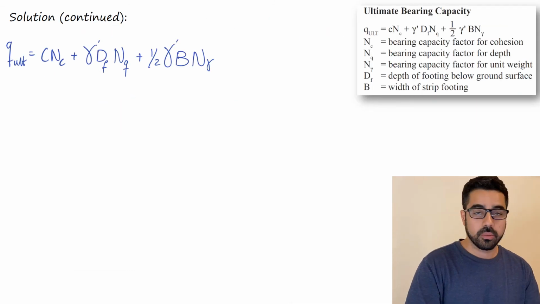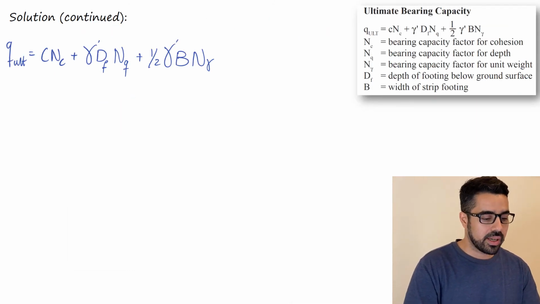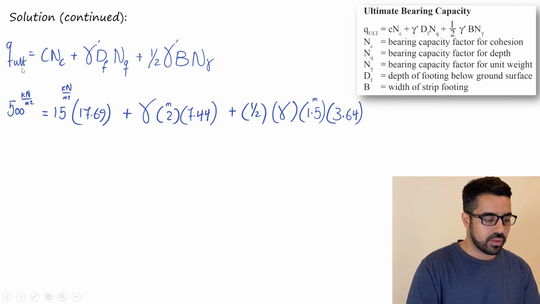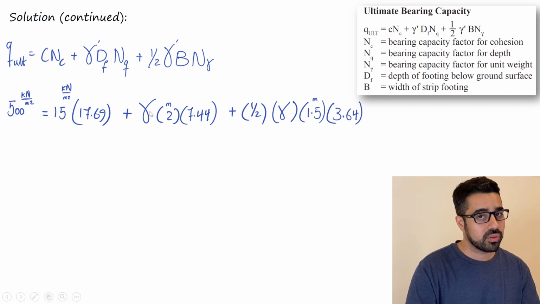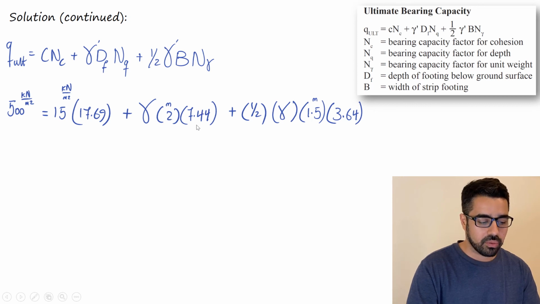So this is the ultimate bearing capacity equation. We write it down. 500 is given. 15 is the c. 17.69 we just got from the table. Gamma is what we're looking for. Again, gamma effective is the same as gamma total since we don't have water. 2 is the depth of the footing. Nq we got from the table again, 7.44.